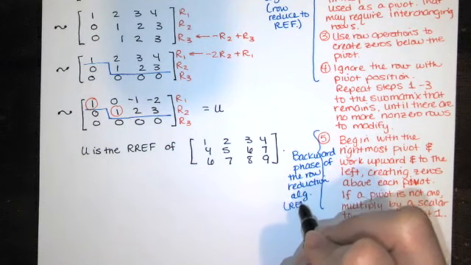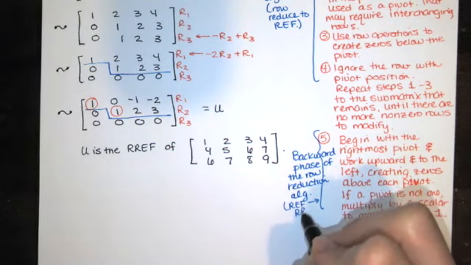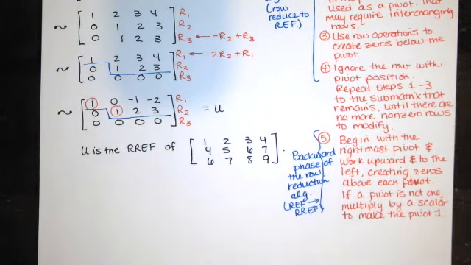It takes us from row echelon form to reduced row echelon form. All right, I believe that's the end of this video.